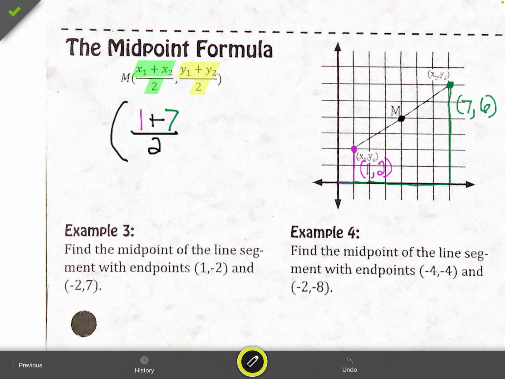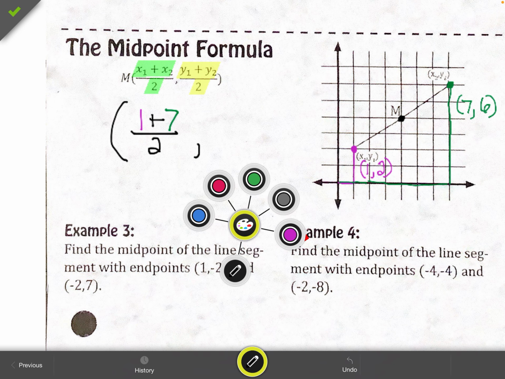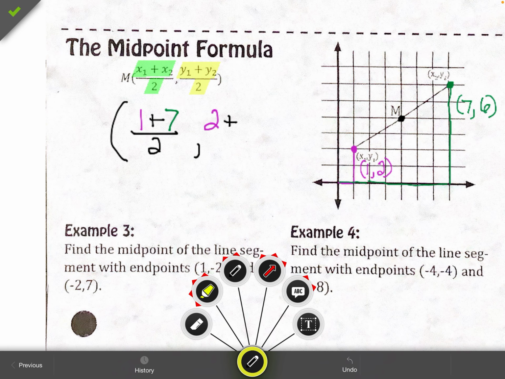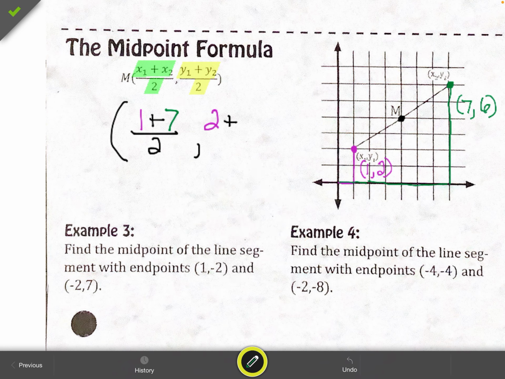Now it is an ordered pair, so that's how I'm going to write it out. Then go to your first y value. My first y value is 2. And we're going to do the same thing here. We add it to my second y value, which is 6.